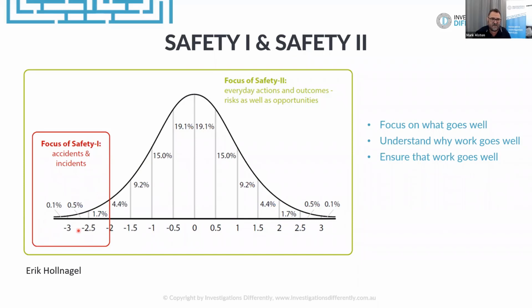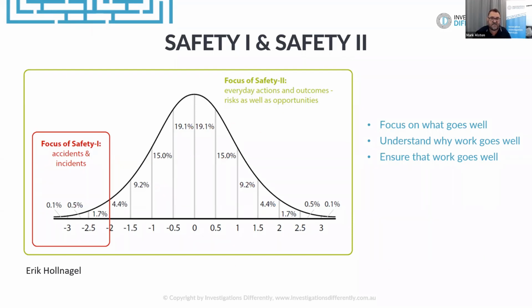Erik has never said ignore when things don't go well. He's saying let's learn about everything, right? And that's what we were talking about in the previous slide. What's going wrong when there's nothing going wrong? That's the same when we're talking about high reliability organisations, that chronic unease, that focus on learning about what's going on here in the middle.